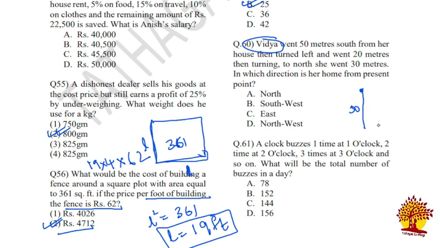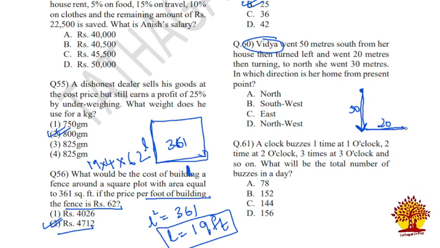Then she turned left. Her left is this side. She went 20 meters. She is coming in this direction. So her left is in this direction, 20 meters.